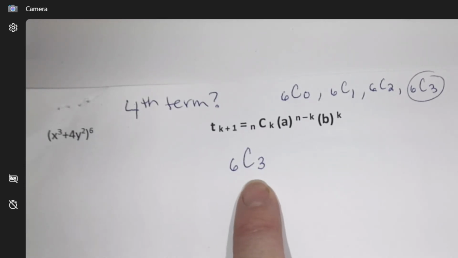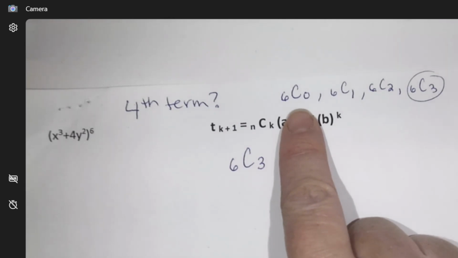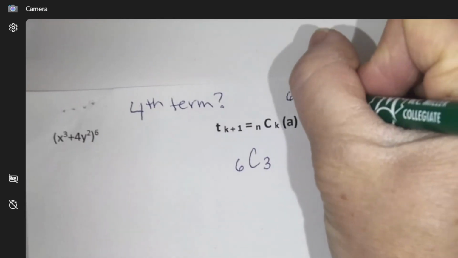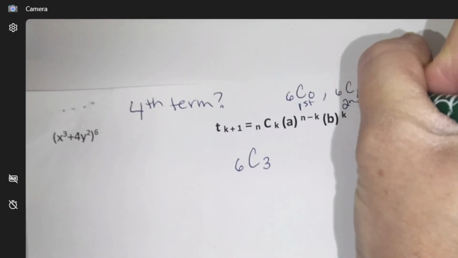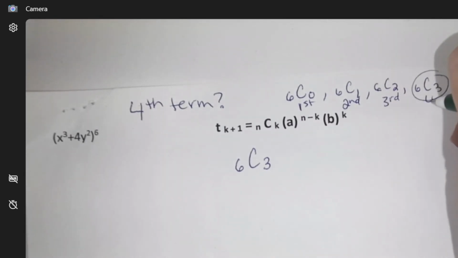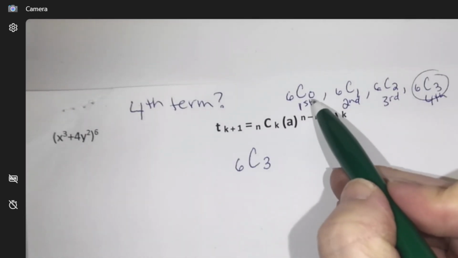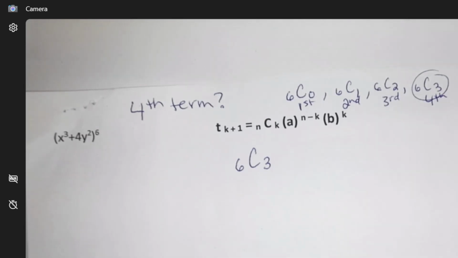Okay, so your choose number is always one lower than the term you're on. Why? Because this 0 counting business throws us off by 1. Okay, it's always because we started at 0. So this is the 1st term, right? The 2nd term, 3rd term, 4th term. So you can always see this number is 1 lower than where we are.